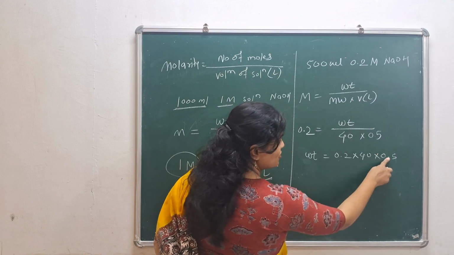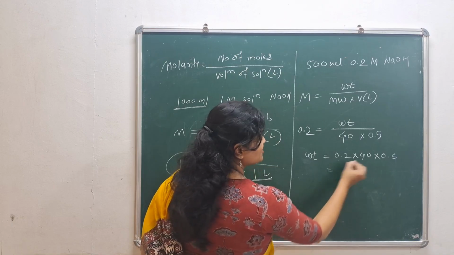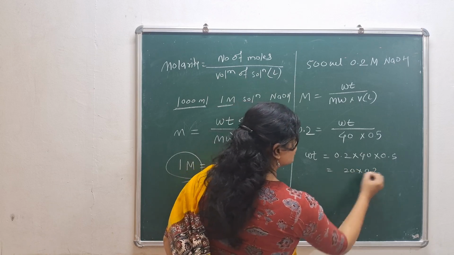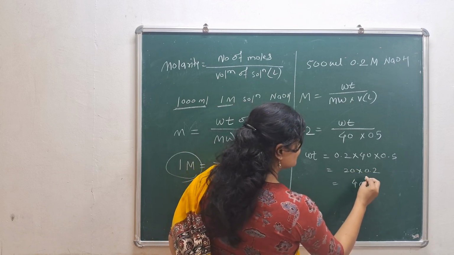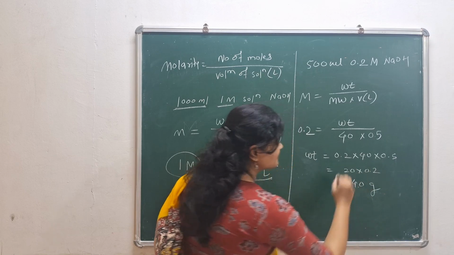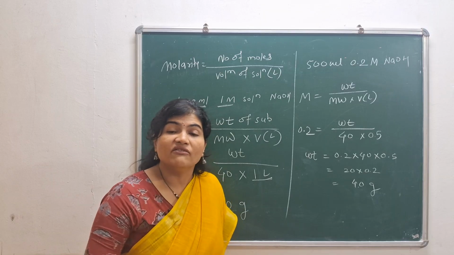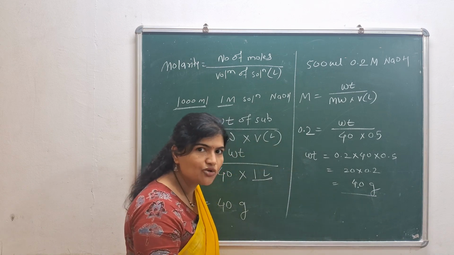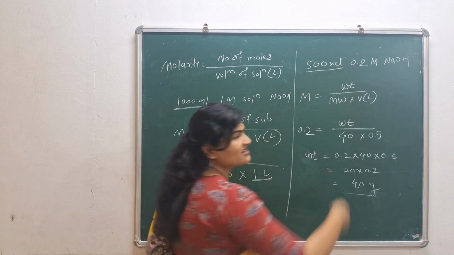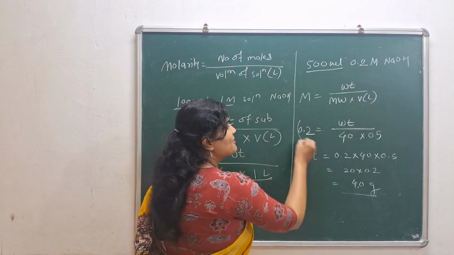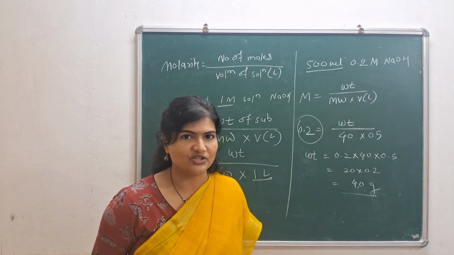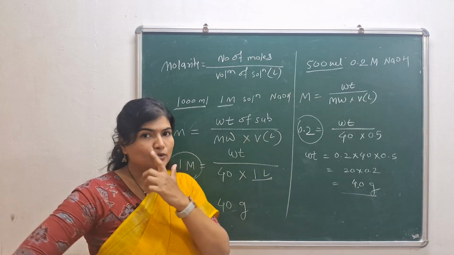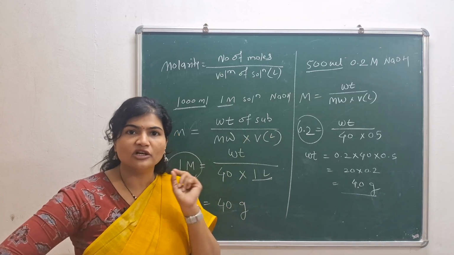Now 40 into 0.5 comes to 20, and 20 into 0.2 comes to 4 grams. So 4 grams of NaOH need to be weighed accurately and dissolved in 500 ml in order to prepare 0.2 molar concentration. So this is how you are going to easily find out the weight of substance required to prepare that particular molarity.